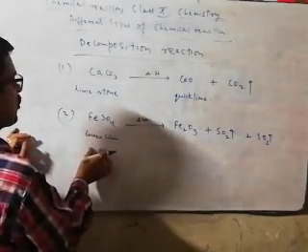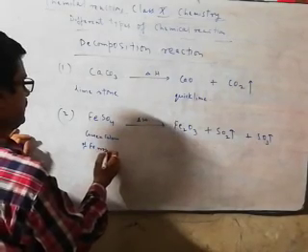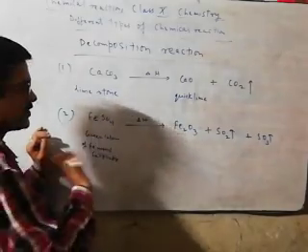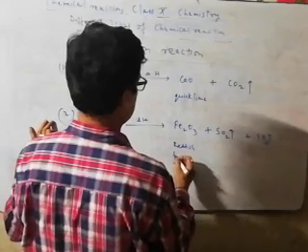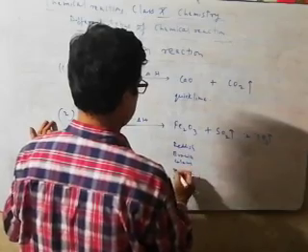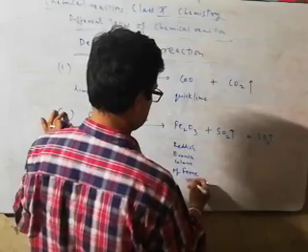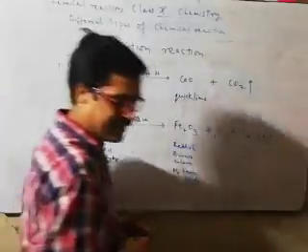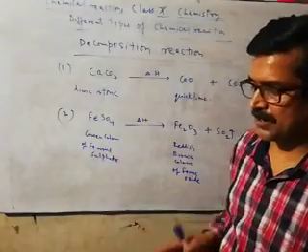It is also called green vitriol, the green color of ferrous sulfate, which changes to the reddish brown color of ferric oxide. So this is also very important in the examination. For the examination point of view, these reactions are very important.